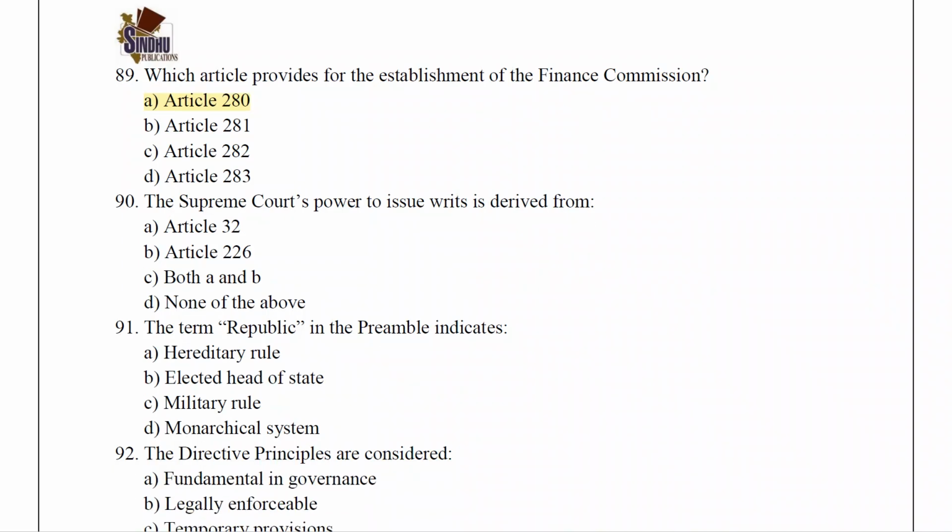Next question. The Supreme Court's power to issue writs is derived from: Article 32, Article 226, both A and B, none of the above.